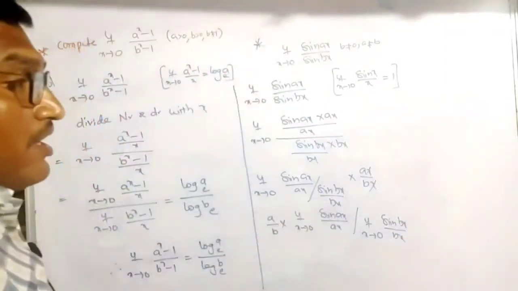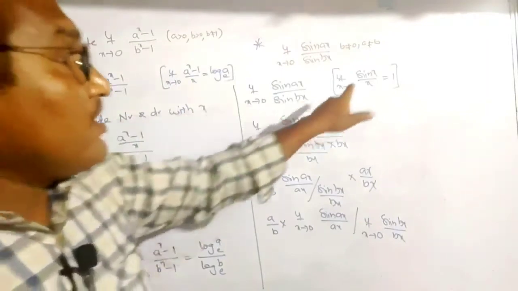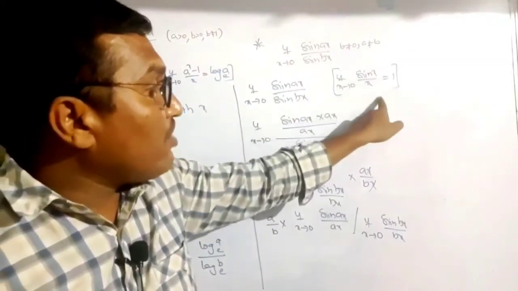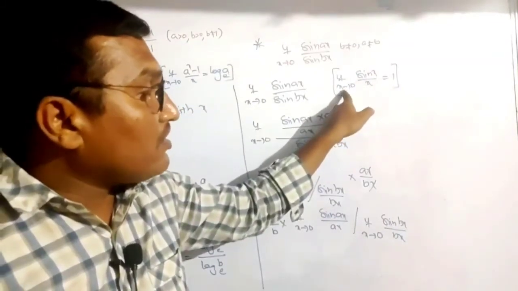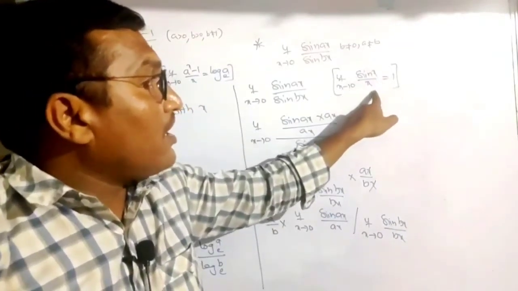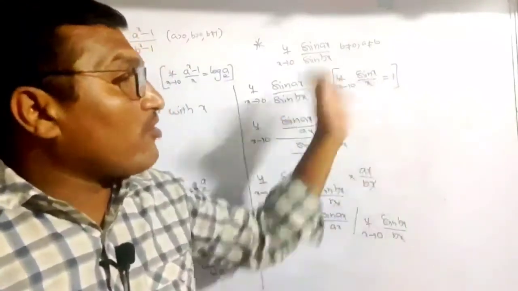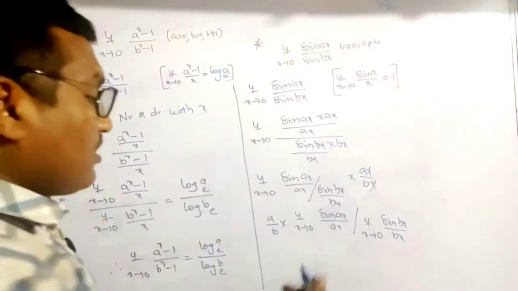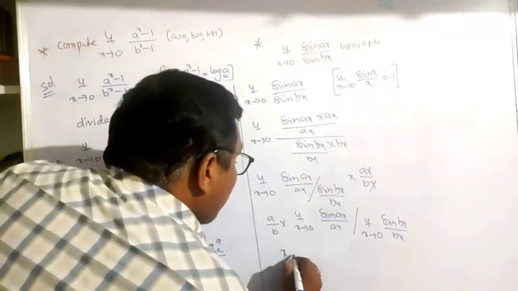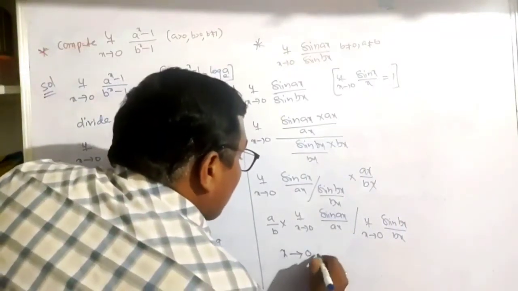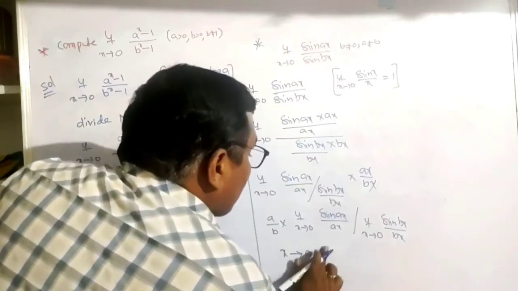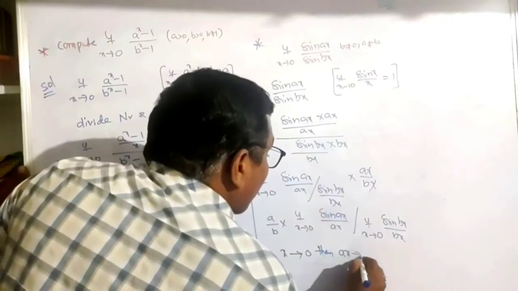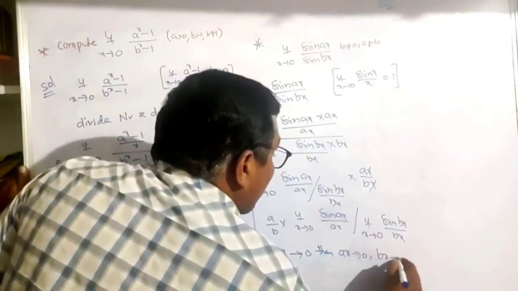See, we have to change the limits as well, because the formula is limit as x tends to 0 of sin x by x. We must have the same values in the angle and the denominator, then only we can apply this formula. But here we have ax instead of x. Now when x becomes 0, ax also becomes 0 and bx also becomes 0.